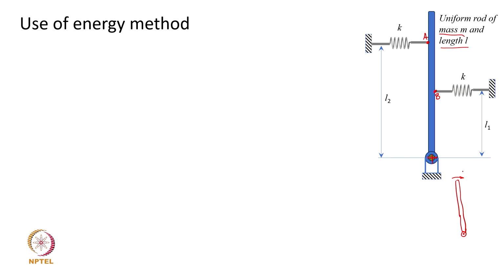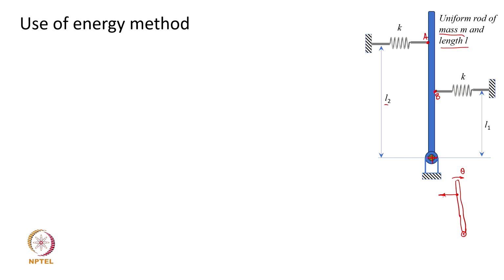So, the moment you have a small angular displacement theta about the mean equilibrium position, which is vertical here, the restoring forces quickly act on this bar, and this restoring force is going to be due to the stretch in the spring. That stretch is going to be L2 theta, because that is the length at which the spring is located.